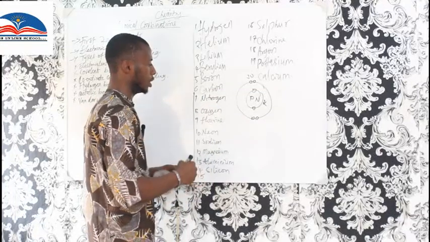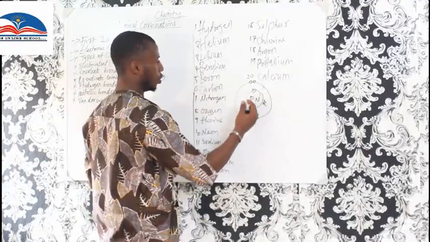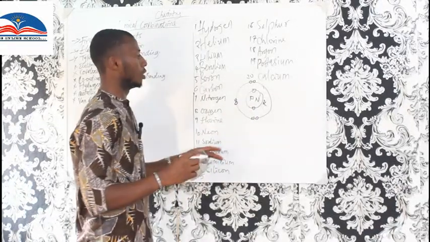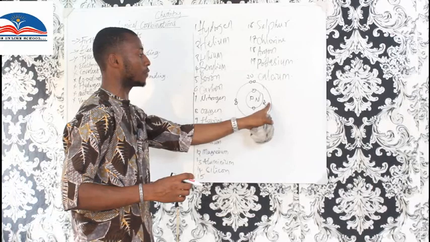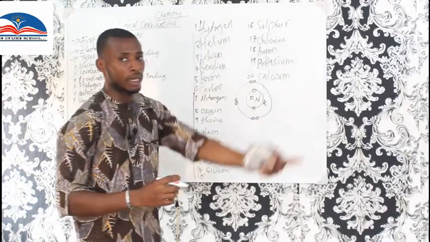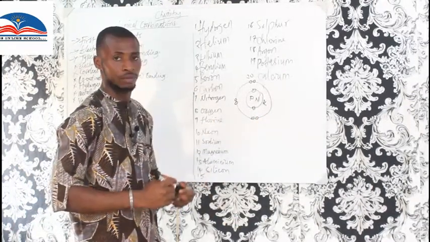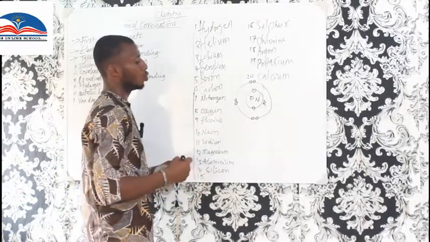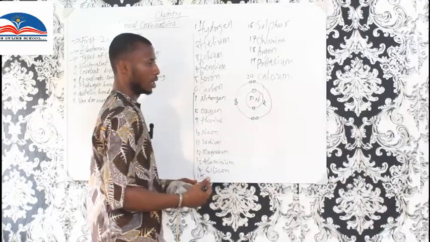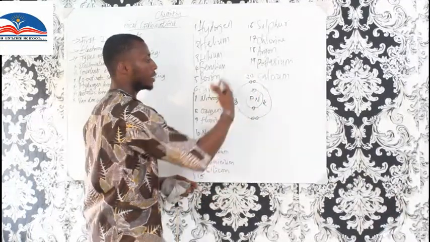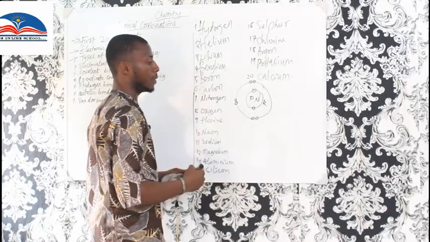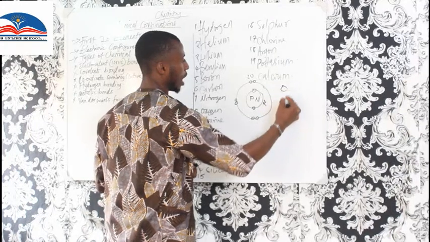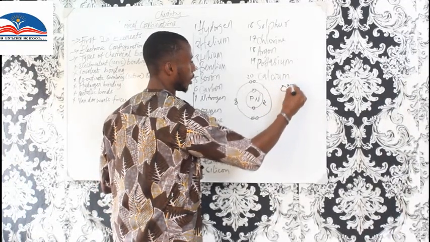Alright, let's proceed. We have oxygen having 8 electrons. That means 1, 2, 3, 4, 5, 6, 7, 8. Now it is left needing 2 electrons to make it an octet shell. With this electronic configuration, we will say that oxygen has 2 minus.